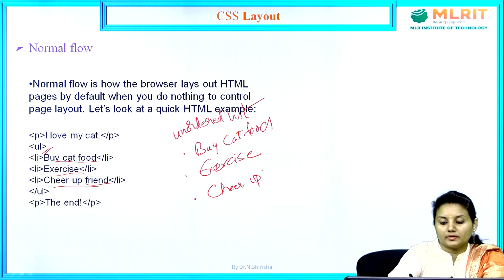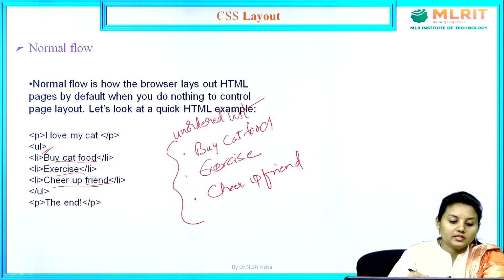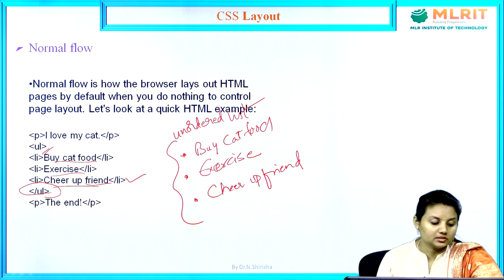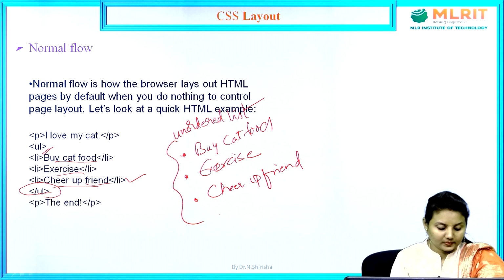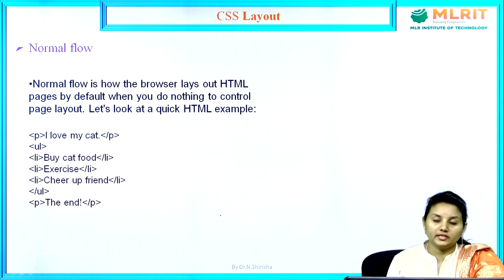Three points are there. These three are list items which are unordered. There is no particular order, so obviously you will give circular bullets. This is a normal flow where you are not assigning any styling.